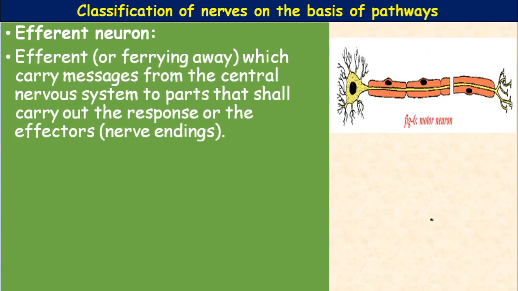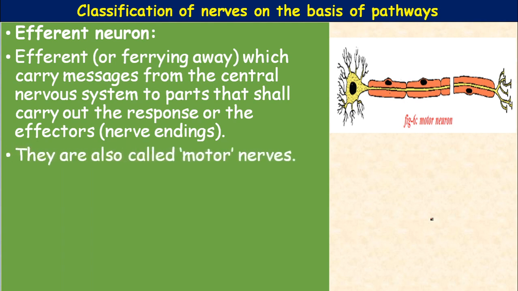Efferent means ferrying away, outgoing nerves, which carry the messages from the central nervous system to parts that shall carry out the response, the effector organs. The effectors are nothing but nerve endings. They are also called motor nerves.